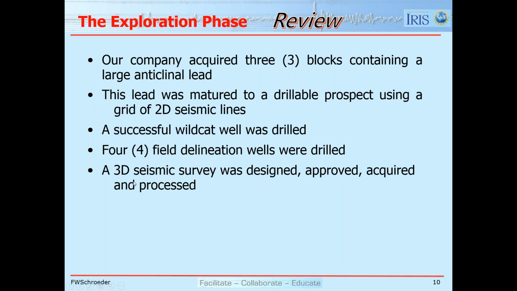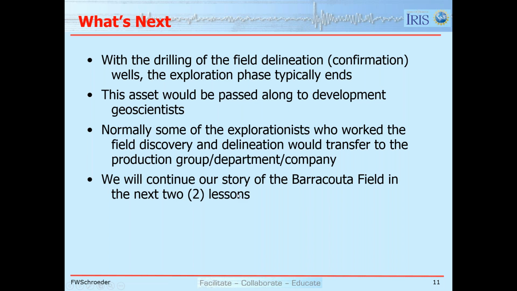Another thing that might be done towards the end of the exploration phase, if a 3D seismic survey has not already been acquired in the area, they may want to design, approve, acquire, and process the 3D seismic so that when they pass this over to the development geoscientist, they'll have the 3D survey, or it will be coming to them shortly.